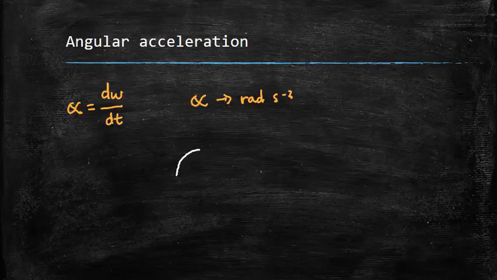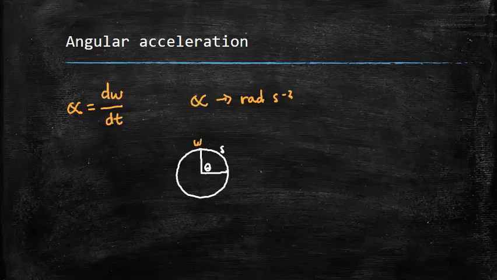If we go back to looking at a similar image to some of the ones we've shown in the earlier slides, where we've got some sort of angle that's been swept through, some sort of arc length s, our angular displacement theta.